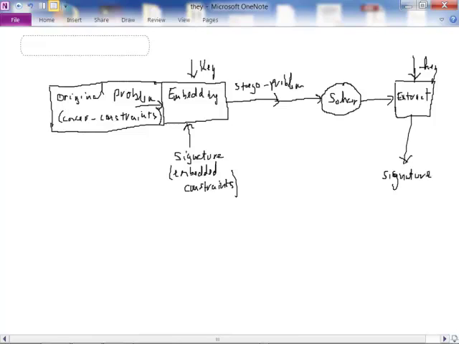So now we can show that the information, the signature, or the embedded constraints were intentionally embedded into the design and are extracted with the secret key.